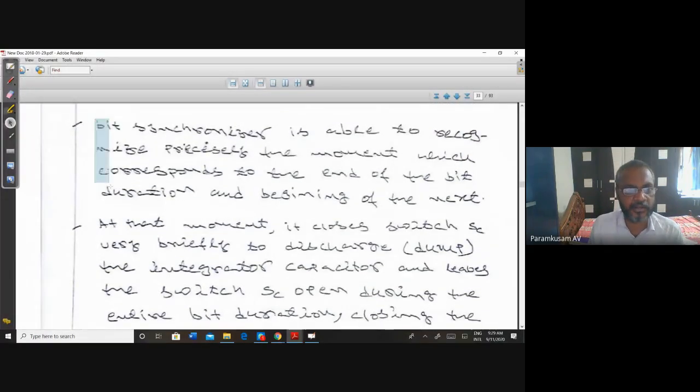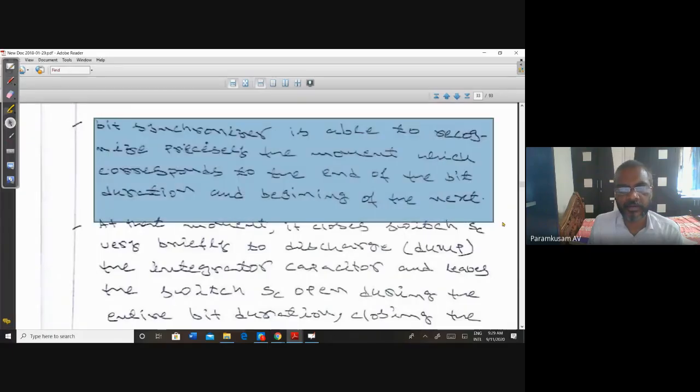See here, the bit synchronizer is able to recognize precisely the moment which corresponds to the end of the bit duration and the beginning of the next. Before the next pulse starts, before the present pulse ends, the bit synchronizer recognizes that moment correctly.